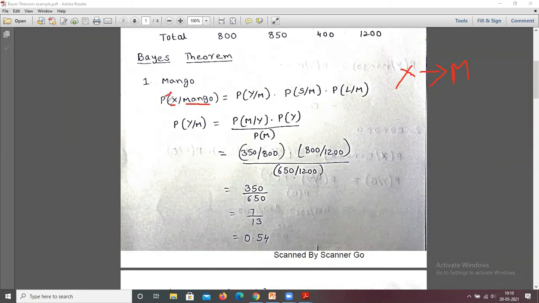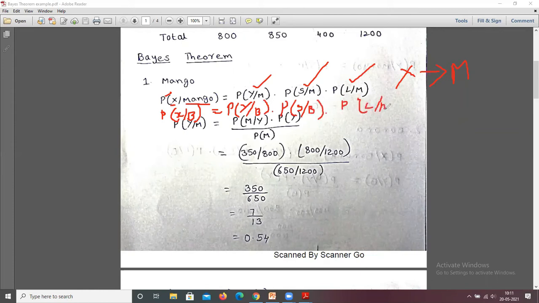So that is the probability of X given mango, which equals the probability of yellow given mango, the probability of sweet given mango, and the probability of long given mango. In the next iteration you are going to find the probability of X given banana. Then you also find the probability of yellow given banana, the probability of sweet given banana, and the probability of long given banana.